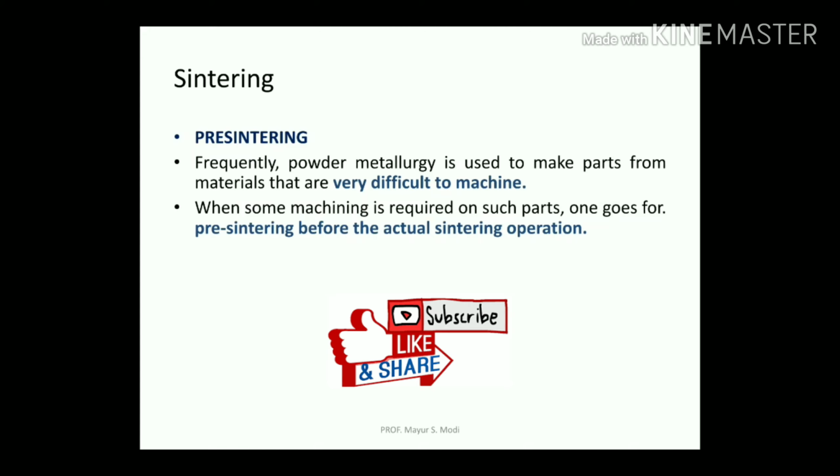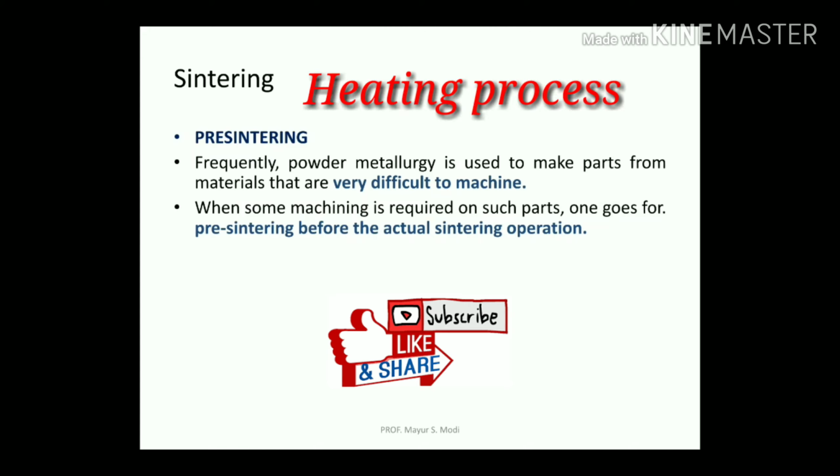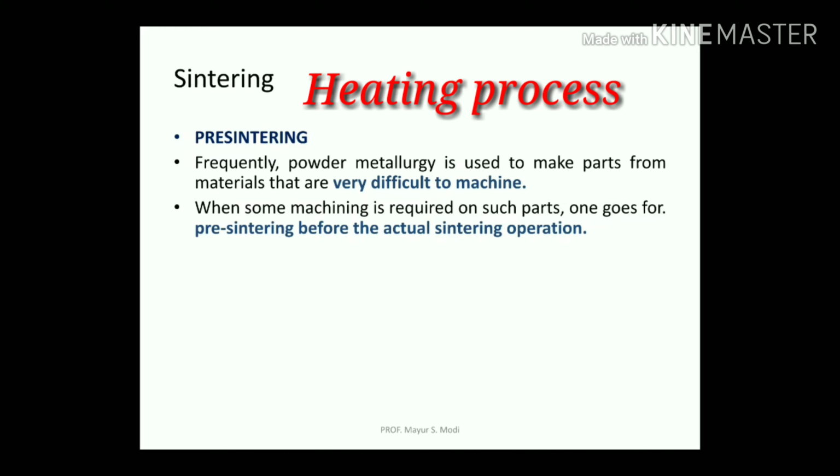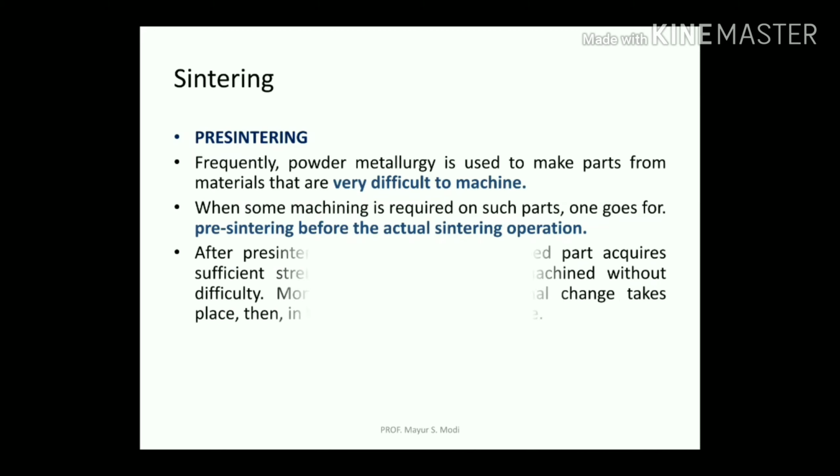In the case of the sintering process, heating of your component is just below the melting point of the major constituent present in the material. In the case of pre-sintering, the heating temperature of your component is just below the sintering temperature of the material.